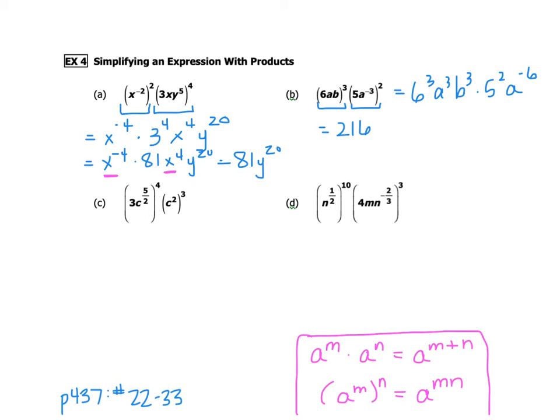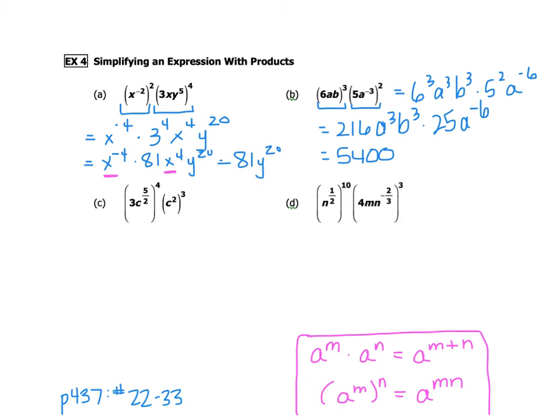Now, I've got a to the 3rd, b to the 3rd times 25 a to the negative 6. Now, what I can do is just multiply the 216 times the 25, and that gives me 5,400. I know it's a big number here. They're just coefficients. We're just going to multiply them.